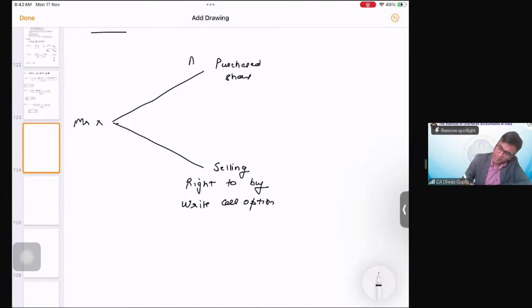This is the A part and this is the B part. These were the two strategies, right?